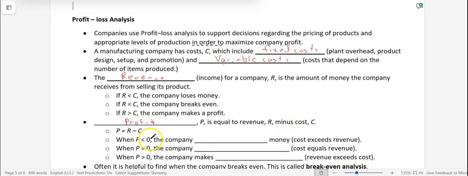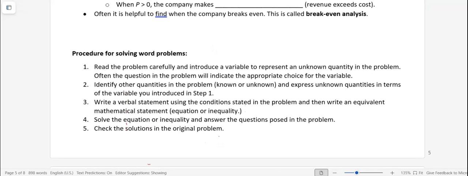So when the profit is less than zero, the company loses money. Equal, the company breaks even, and when it's greater than zero, the company makes a profit. Often it is helpful to find when the company breaks even, and this is called the break-even analysis.